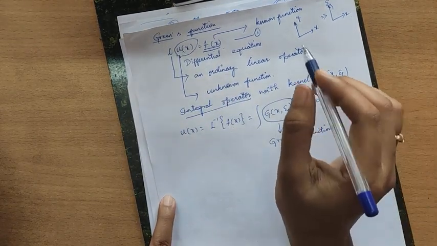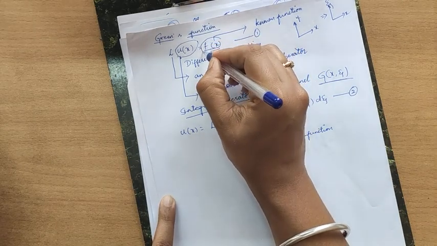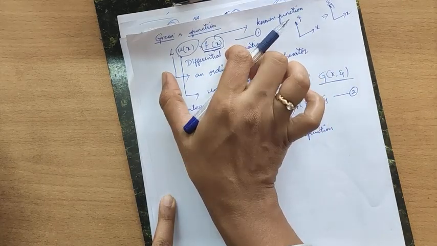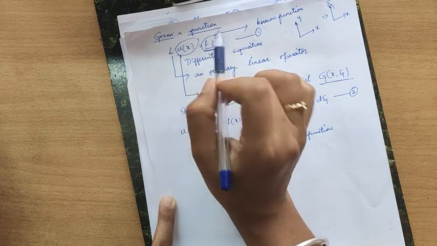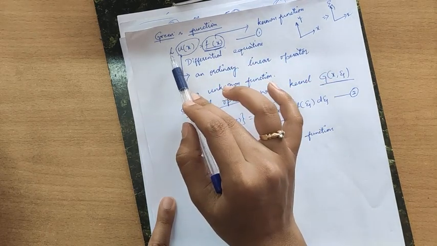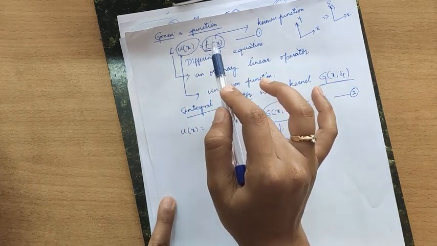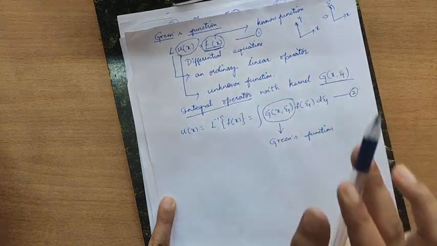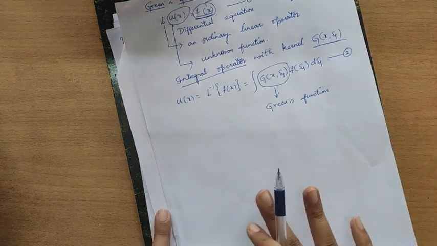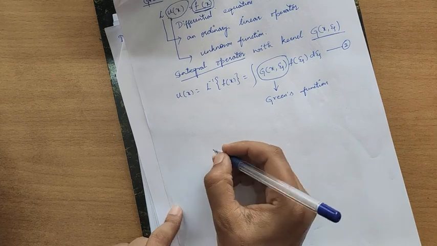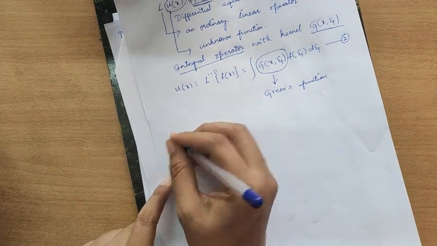Now since f of x is some function, obviously this equation is a non-homogeneous differential equation. So the solution of non-homogeneous differential equation can be written like this. I will write it here.